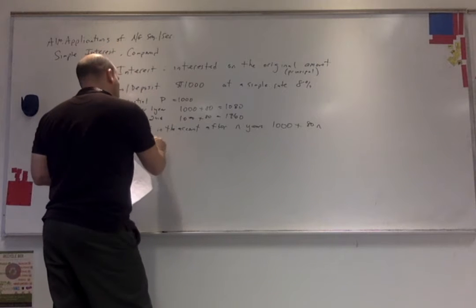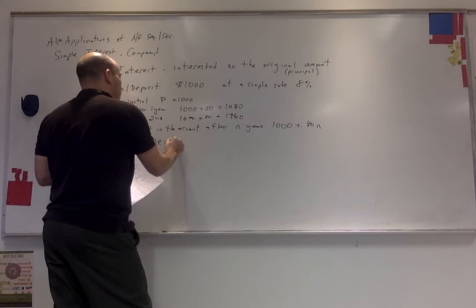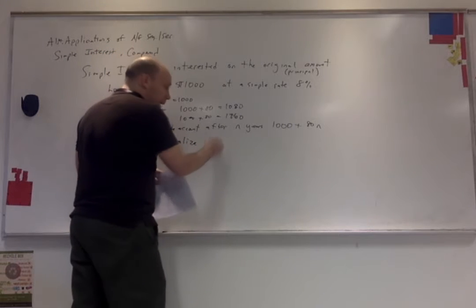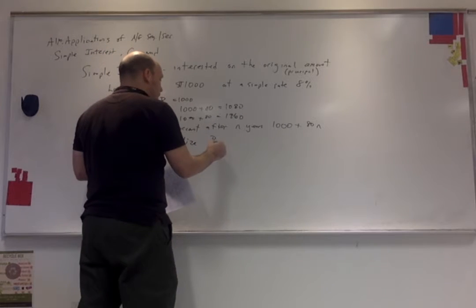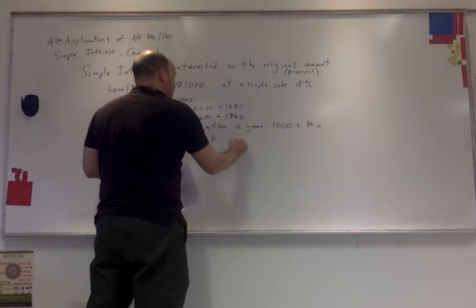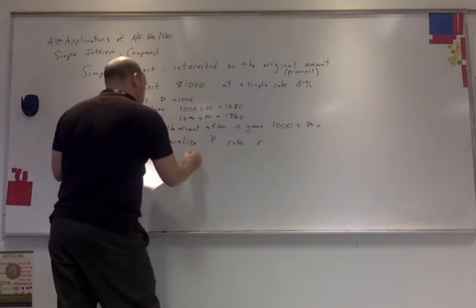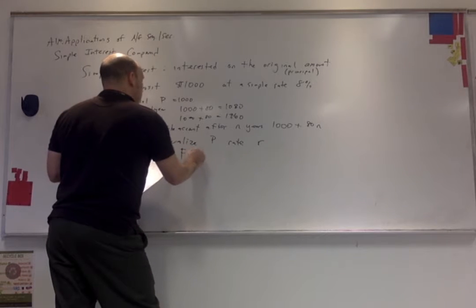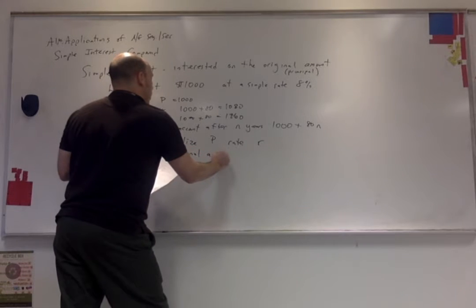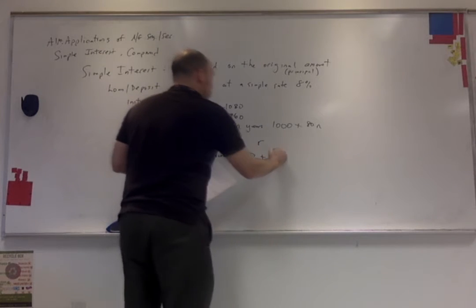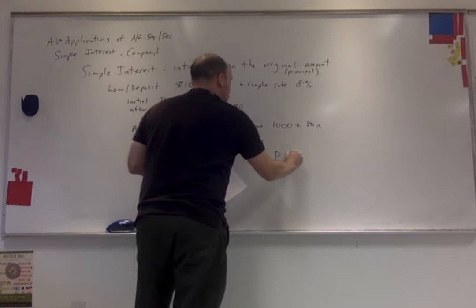Let's generalize for a formula. If the initial amount is P, and the rate is R, what do we have here? The final amount is P plus P times the rate times n.